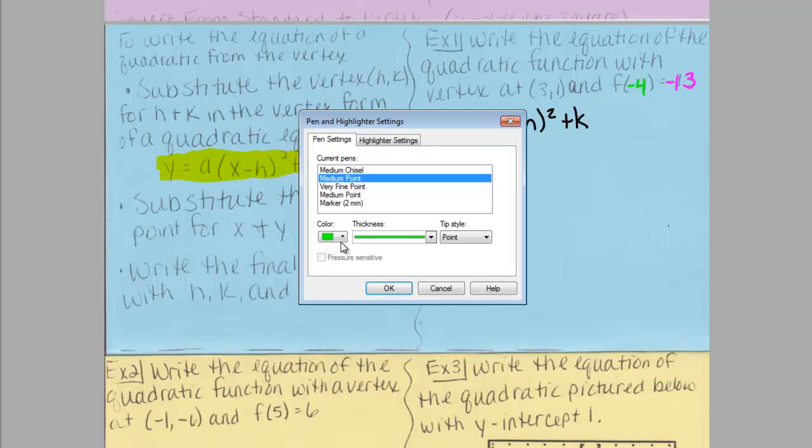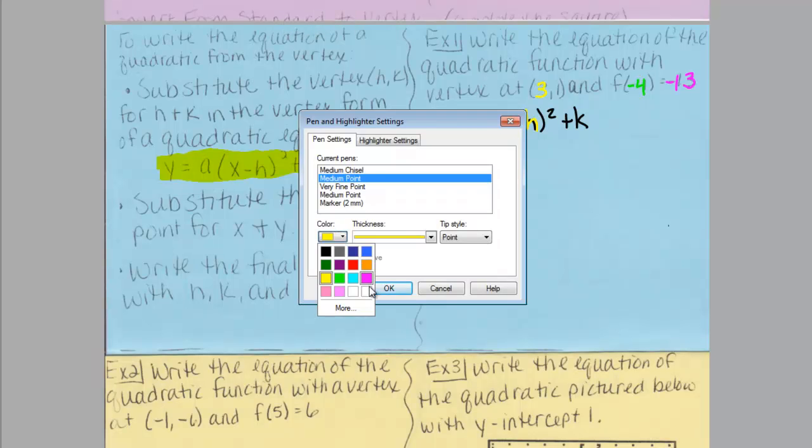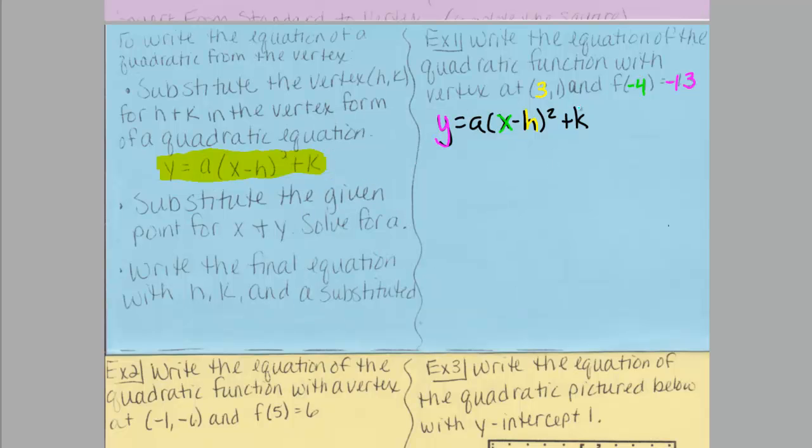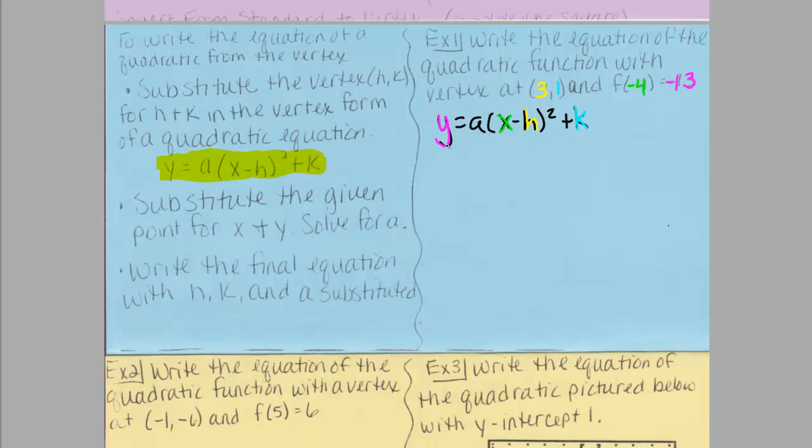What changes now is what our h is, which is this number. And our k, which is that number. Okay, so now that you know where all my numbers are coming from, I'm going to fill it all in.